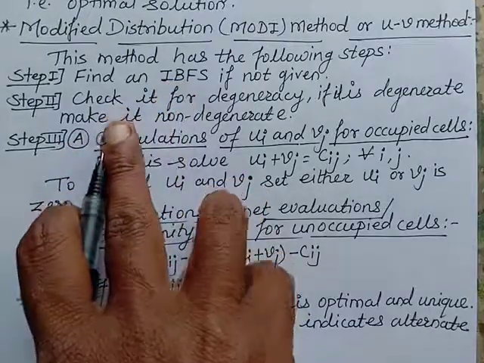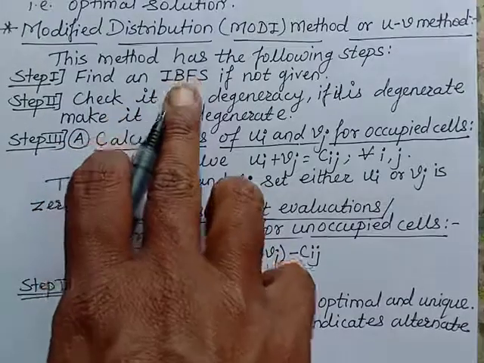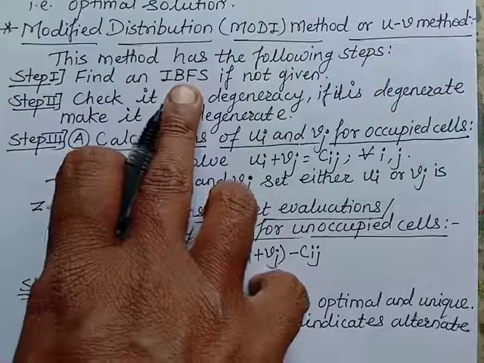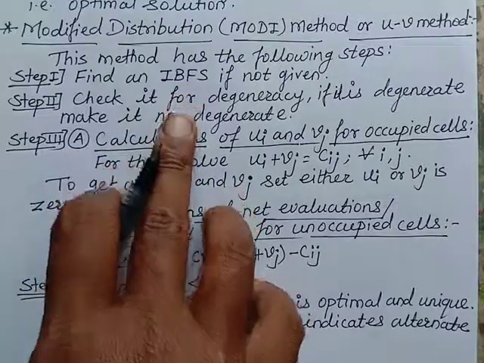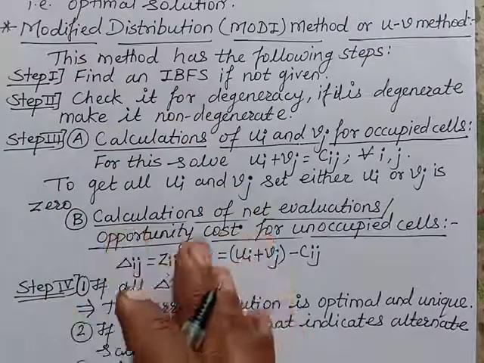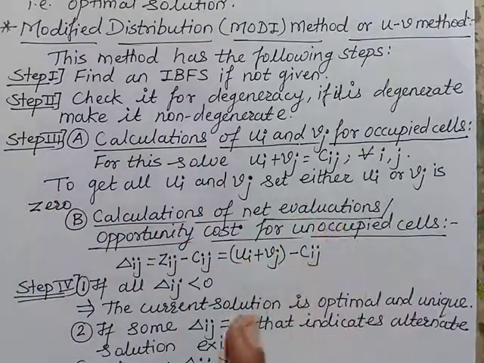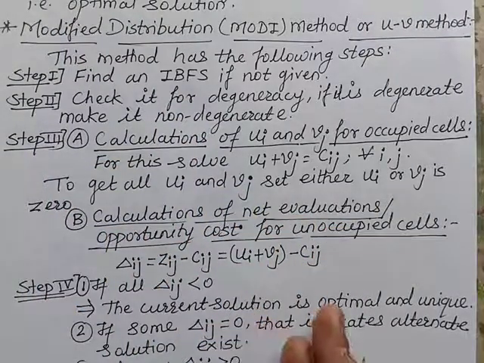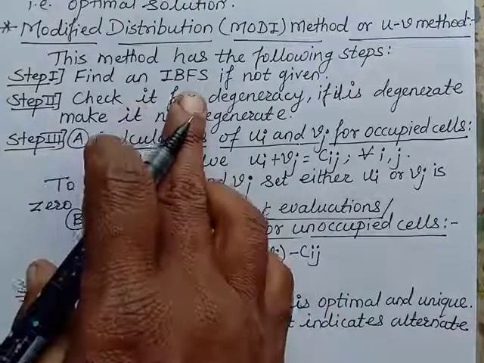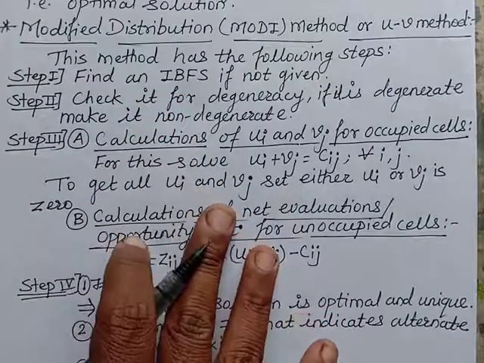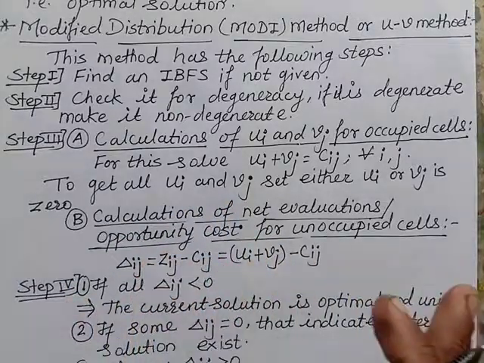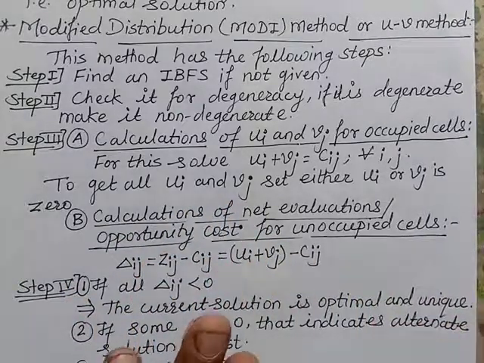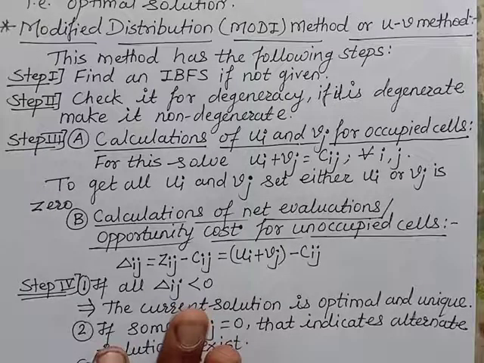Among these, the Vogel's approximation method is more superior than the other two. It gives a minimum cost, so it will be more close. It can give a much closer optimal solution, or sometimes it will be optimal also, most probably. So if it is not mentioned in a question to find the initial basic feasible solution using a particular method, always try to use Vogel's approximation method.